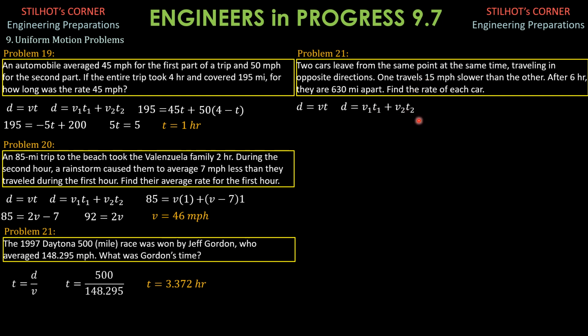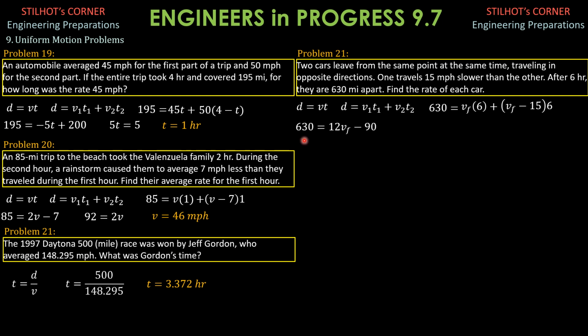But the travel time for the two is 6, and the total distance is 630. So 630 equals V of the faster car times 6, plus the quantity V sub F minus 15, then times 6. Simplifying, 630 equals 12 V sub F minus 90.